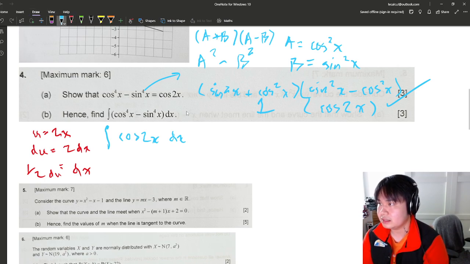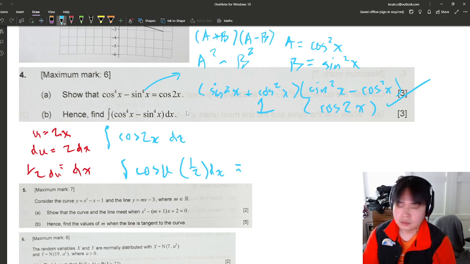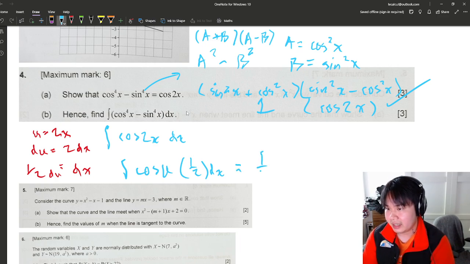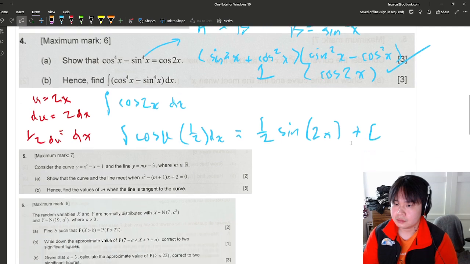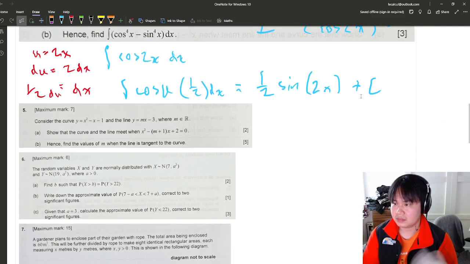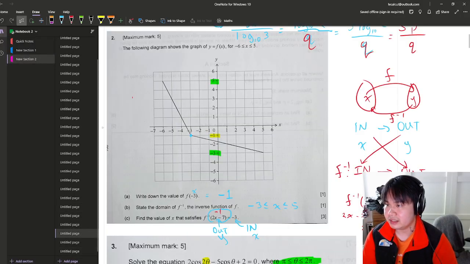So this, we're gonna do a little u substitution. This is gonna be, what, half cosine, oops, no, sine. And then we'll undo the u substitution. And then don't forget your constant. There you go.